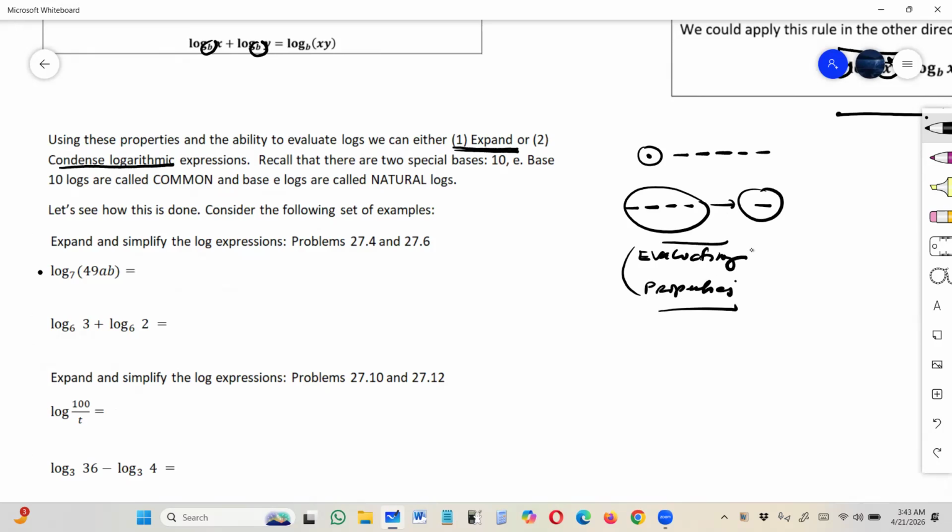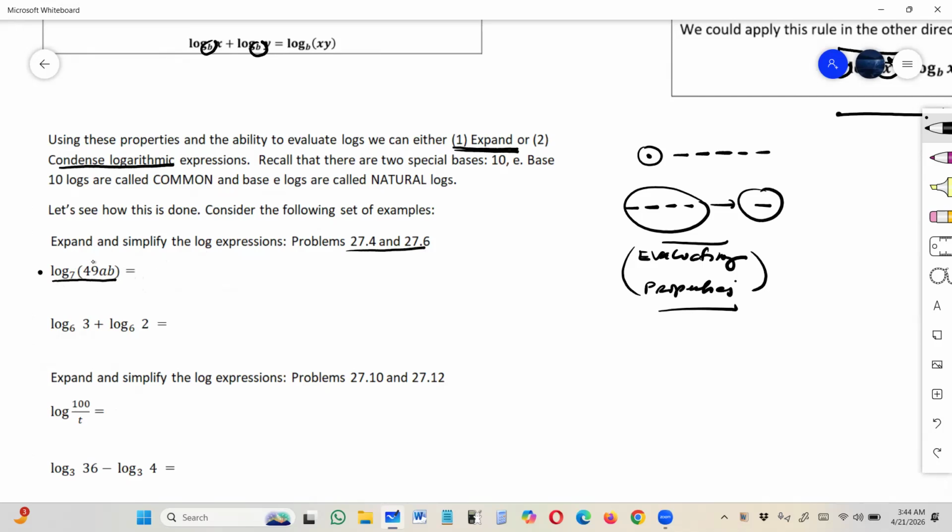So we're going to use these two concepts to either expand or condense a log expression. So let's take a look at the first example that I have here. This is in your book or workbook. So in this case, let's expand. I have a single log expression and I have to expand it into multiple pieces.